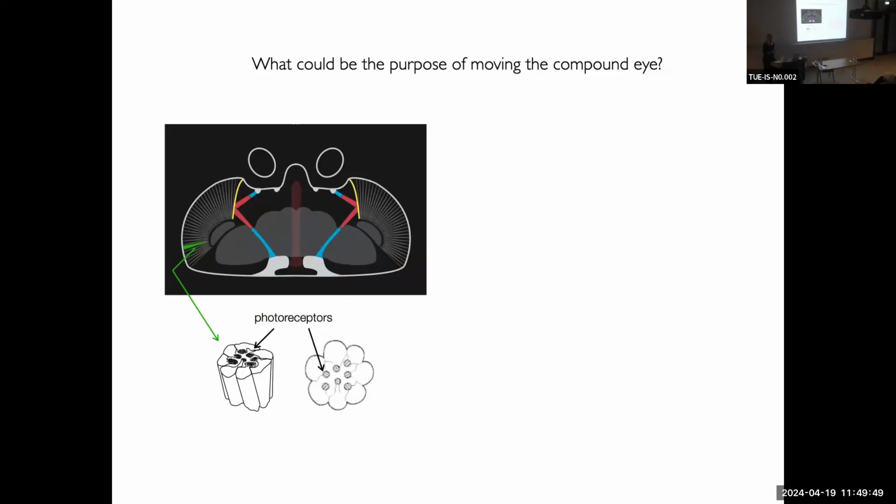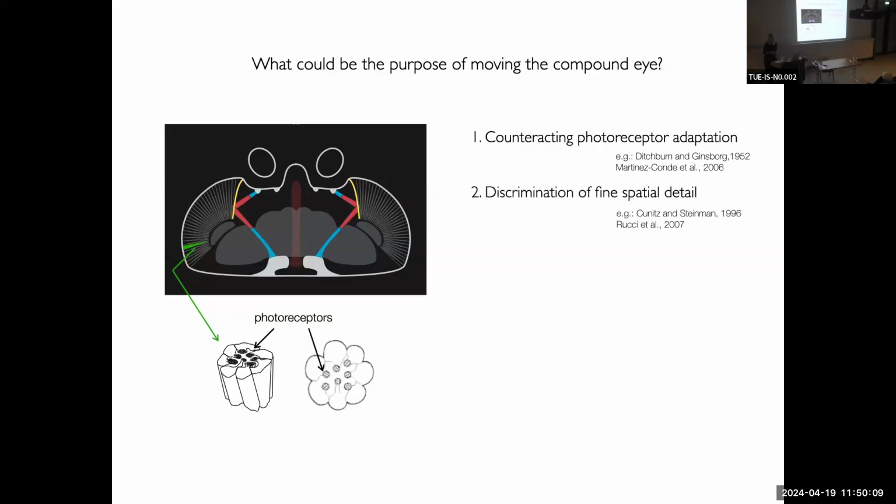And the ideas we got from the literature is that eye movements in flies could, for example, help to counteract photoreceptor adaptation. If you have a completely stationary eye in a completely stationary environment, the percept fades out over time, and you could imagine that twitching the photoreceptors would bring the percept back. Maybe more excitingly, eye movements could potentially help to increase the spatial detail that animals have access to.